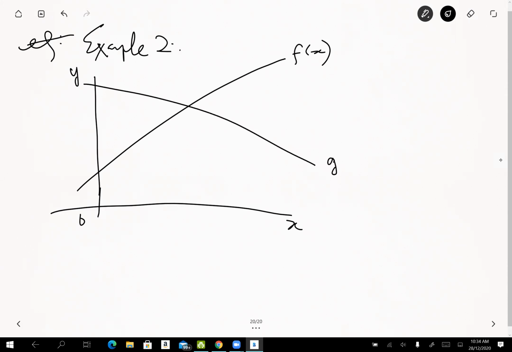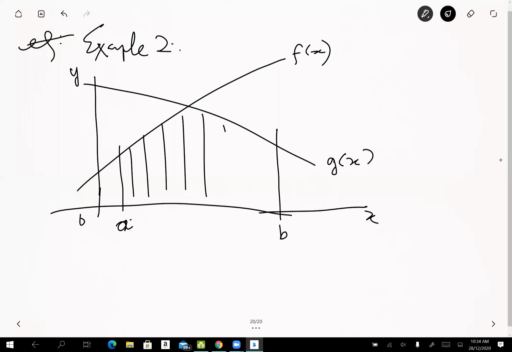That is g of x. And I want the area from x equal to a here to x equal to b. So the area that we want is the area that I shade. So that is the area A.